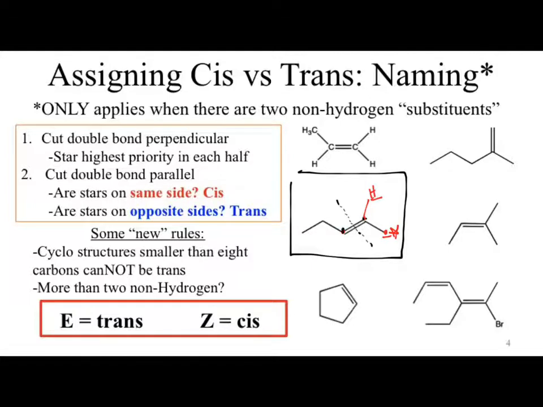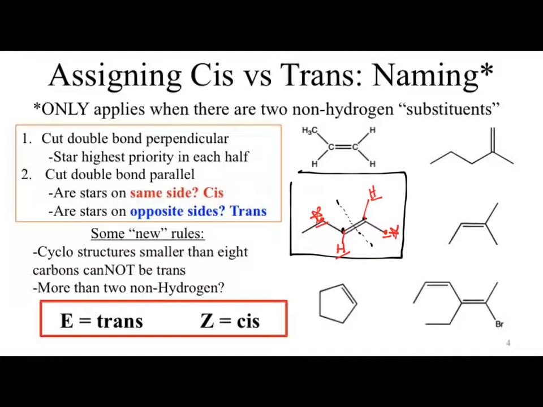Okay, let me color that in black. We want to know what things are attached to that double bond carbon. What do we have? Got a carbon up here. Where's that hydrogen? It's going to come down over here. We'll now compare hydrogen to carbon. Is there a difference in atomic number? Yes. Which one has the higher atomic number? Carbon. We'll star that.